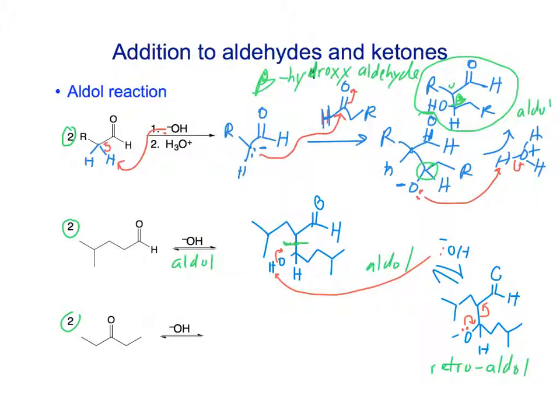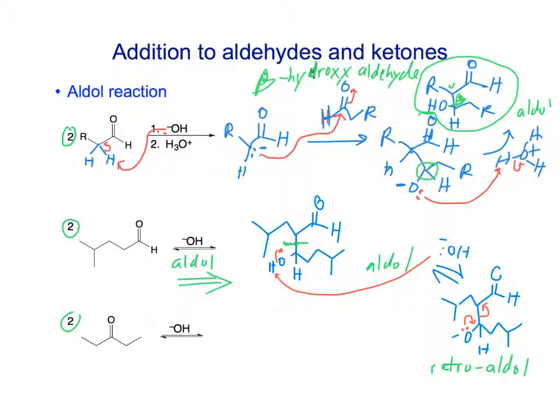Yeah. So what prevents it from reversing? Nothing. Okay, so in general, oftentimes, at least what the book says, is that if we do the aldol reaction with aldehydes, the reaction favors the product.